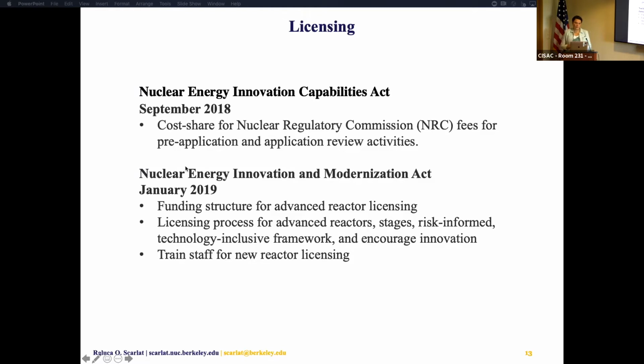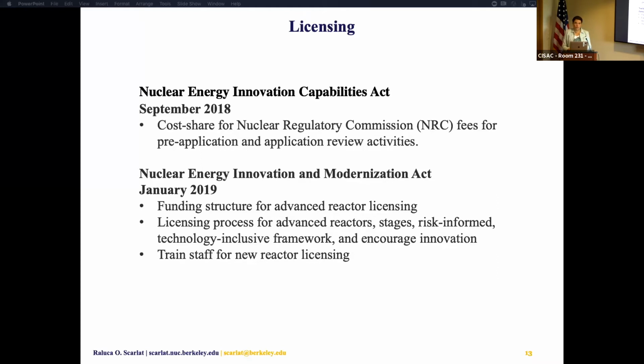The other type of hurdles with licensing are reflected in the Nuclear Energy Innovation and Modernization Act that was passed in January 2019. One of the changes this act made has to do with the funding structure for advanced reactor licensing. Because the Nuclear Regulatory Commission recovers its cost of operation from fees that it charges to existing nuclear power plants.